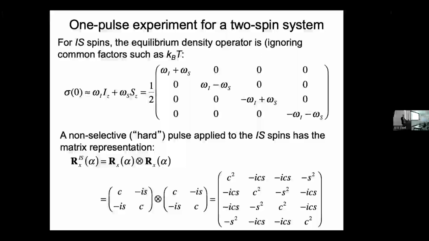Except say a methyl group where I may need to keep track of a factor of 3 for the 3 methyl hydrogens. But here, trying to be more general, I want to keep track of the fact that I might be hydrogen and S might be carbon or nitrogen, and I want to keep intensities. I still don't need to keep the h bars and the kTs, right? Because those are constants for all the nuclei.